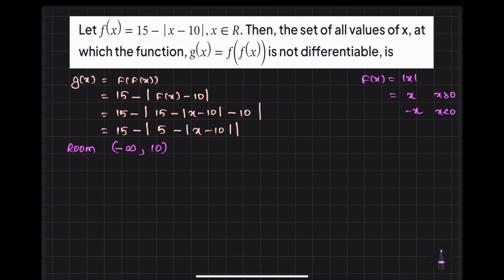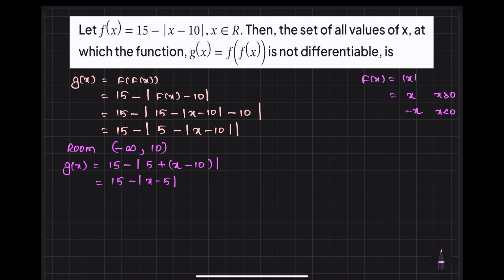So you will have g of x equals 15 minus mod 5 minus, minus plus, and then it will open x minus 10. Okay, now you can break. So you will have 15 minus mod x minus 5.